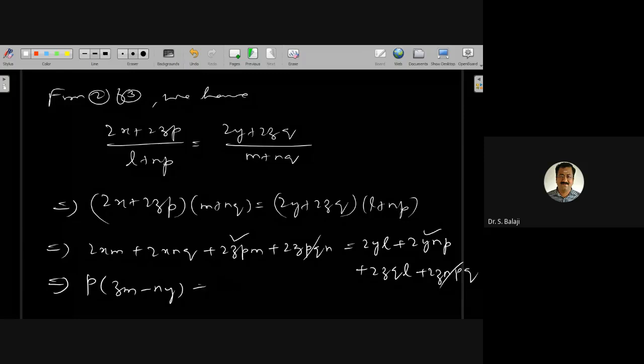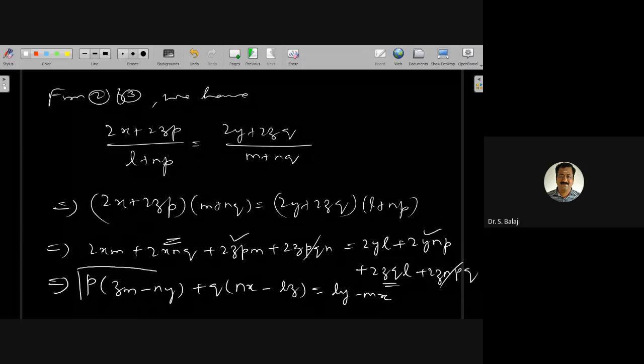Then similarly q times: here q times nx, and minus lz, q times. This gets cancelled. The remaining things have no pq involved here, and the 2 also gets cancelled. Therefore, it will be ly minus mx.